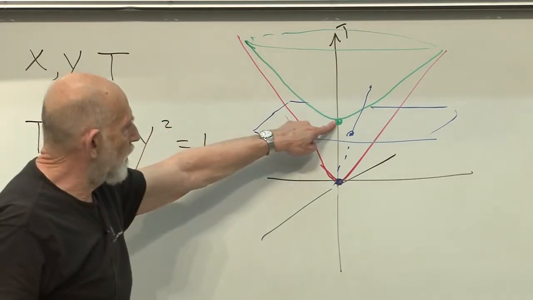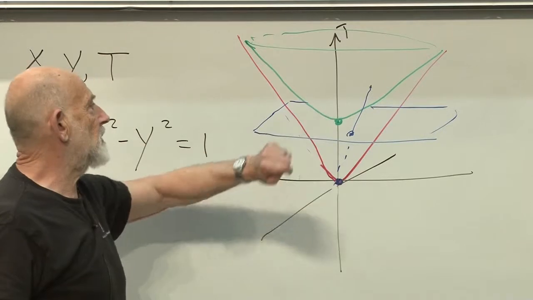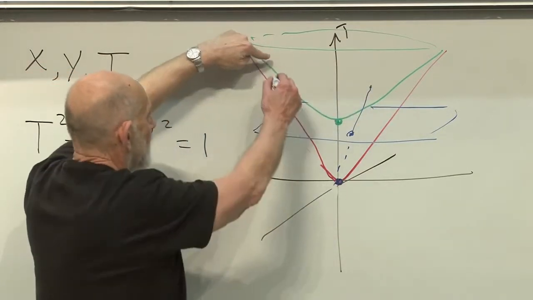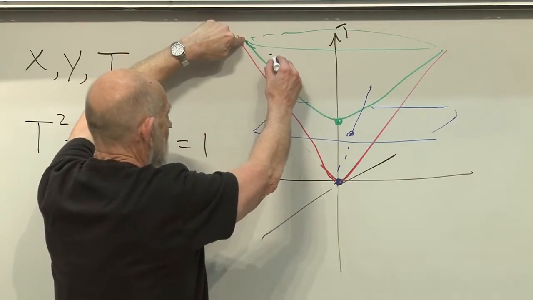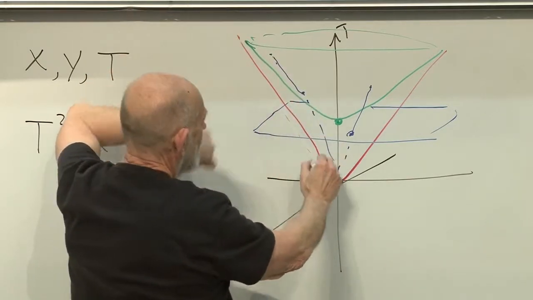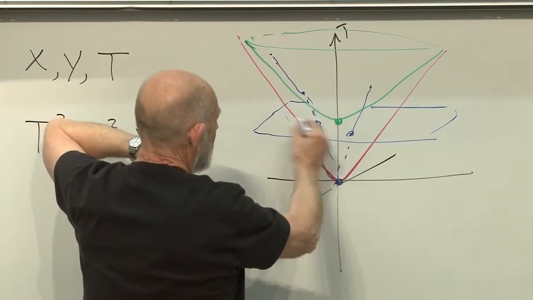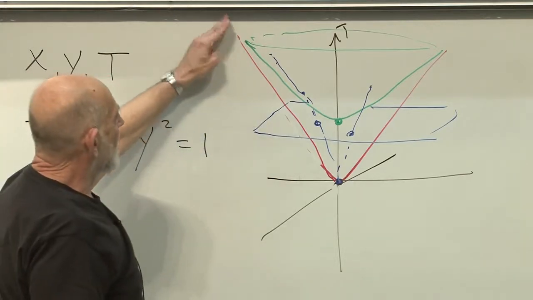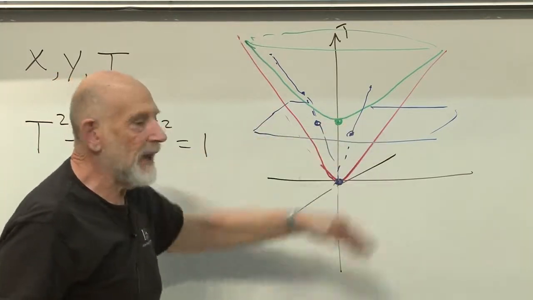The point on the hyperboloid at the center just stays at the center. The point on the hyperboloid over here intersects somewhere over here. Whatever. How far out on this plane do you go?